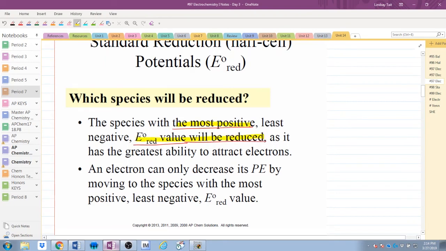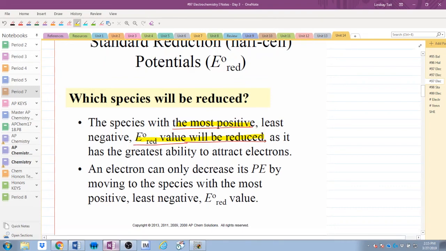That's the one that stays a reduction, because the most positive reduction potential is the most likely to reduce, correct? And that means it's going to beat out the other guy. Even if the other guy is favorable to reduce, the one that's more positive is the one that's going to win that race, the one that's going to be more likely to pull those electrons away. Yeah? So what that means is the other one is the one that you flip.